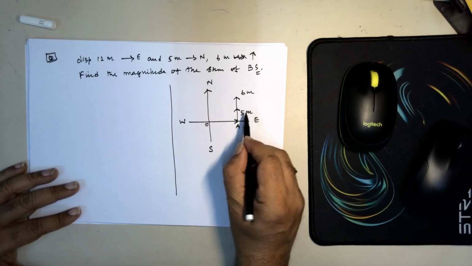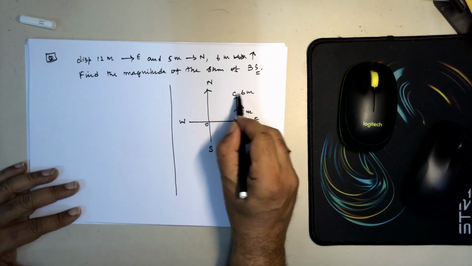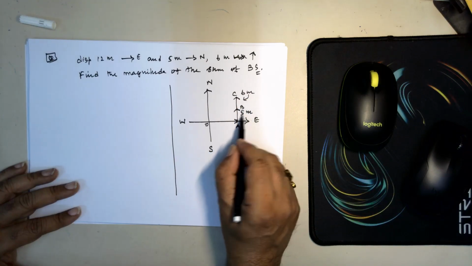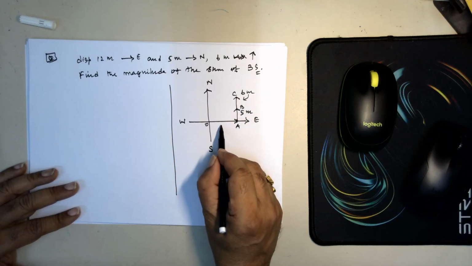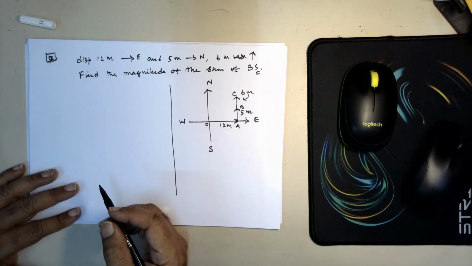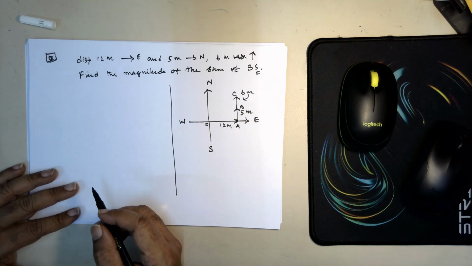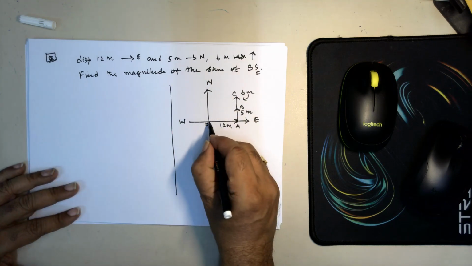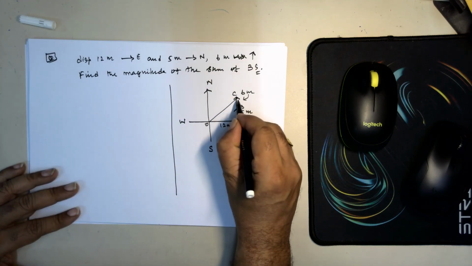So this is B and this is C. This is 6 meter, this is 5 meter, and this is 12 meter. Now you have to find out the net displacement, which is nothing but OC.